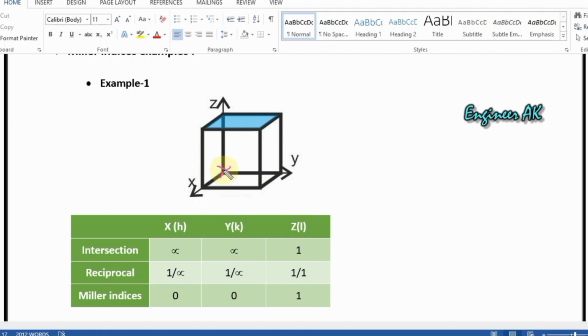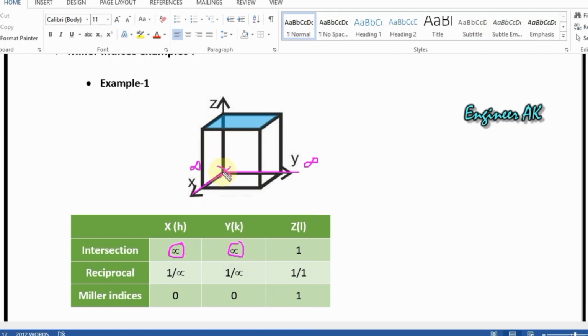If I move along the x-axis, it is parallel to this point and it is infinity, right? If I move along the y-axis, it is again not touching this plane that we are going to find the Miller indices of. So again its y-axis is infinity.